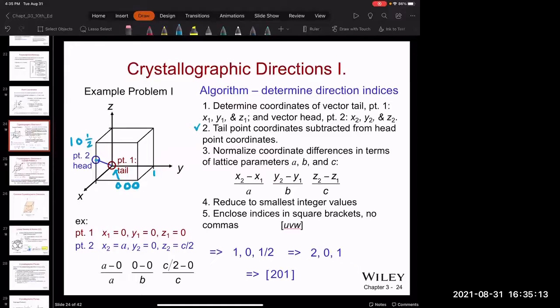I have 1 minus 0, right? This is the first component. The second is 0 minus 0. And the third is 1/2 minus 0. So this gives me 1, 0, and 1/2.